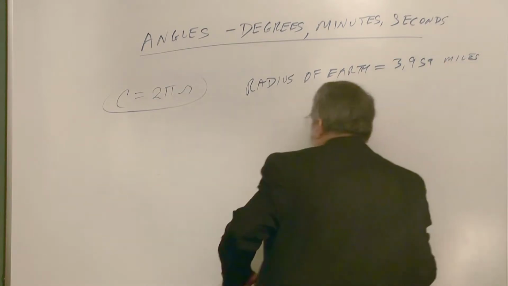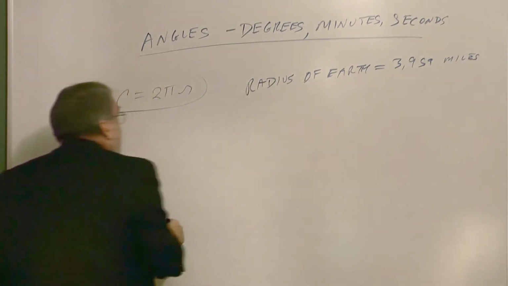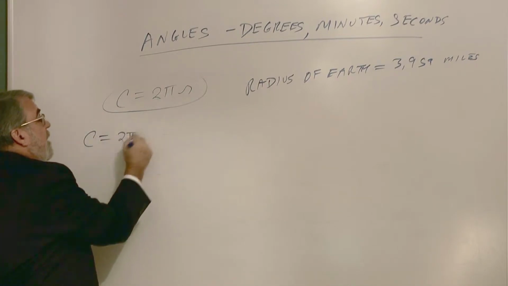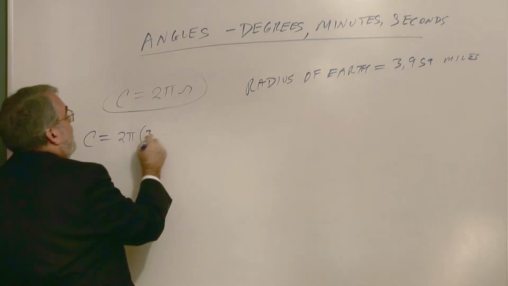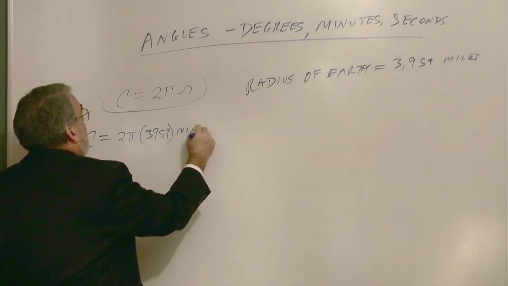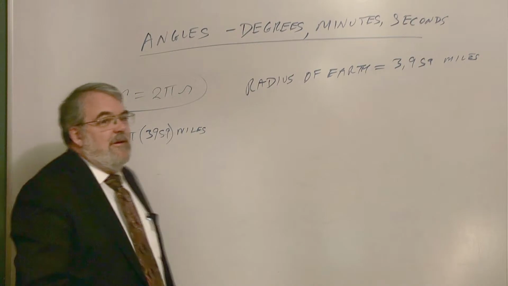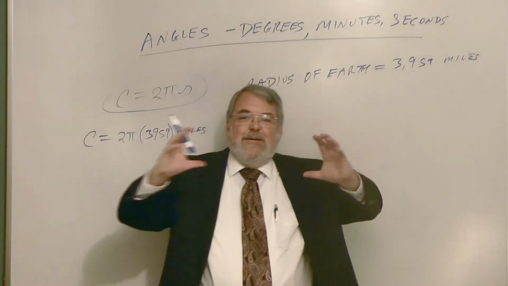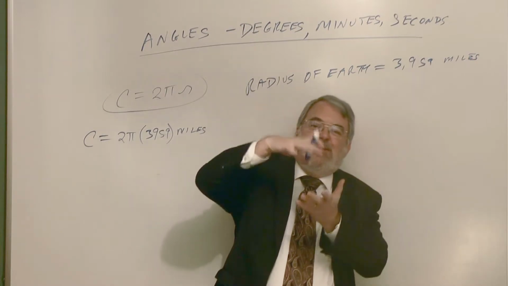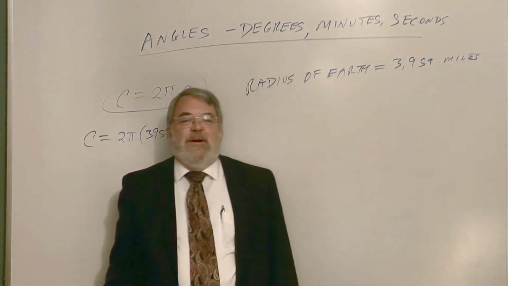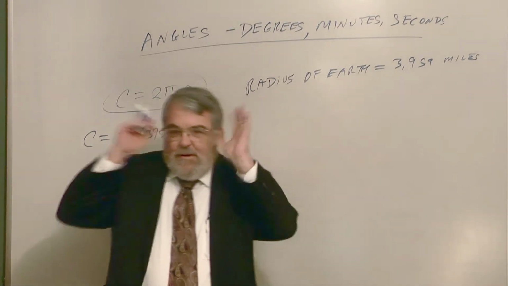Okay, so that means the circumference would be 2 times pi times 3,959 miles. And now that's approximate, and the Earth is not truly round. It's close. It's a little bit flatter at the equator than it is at the poles. It's slightly flattened, and I don't know if you're in space if you could tell that or not, if it's enough to tell.